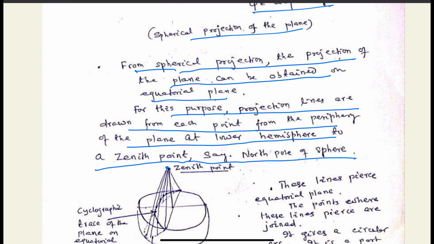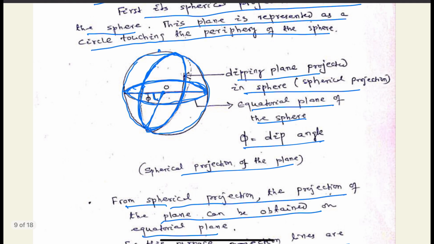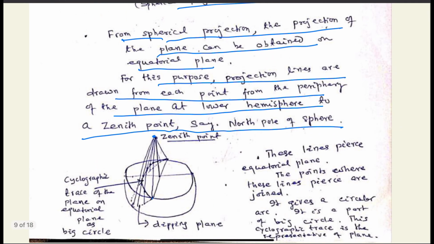So, this is the north pole of the sphere, and all the points in the lower half are connected to the northernmost point like this.